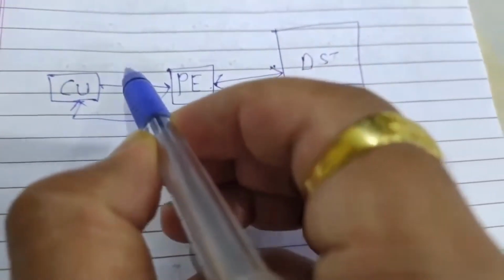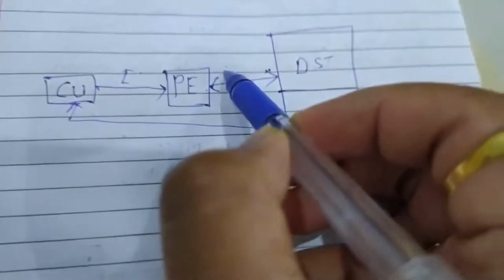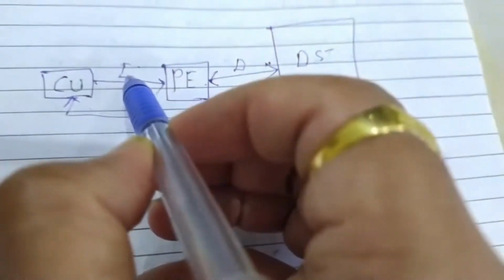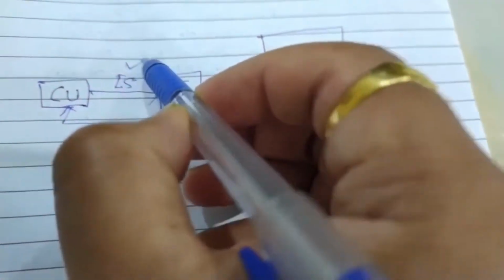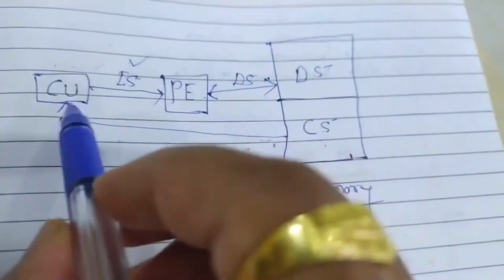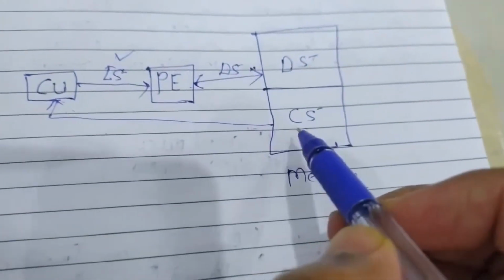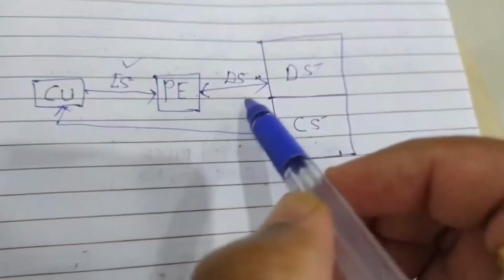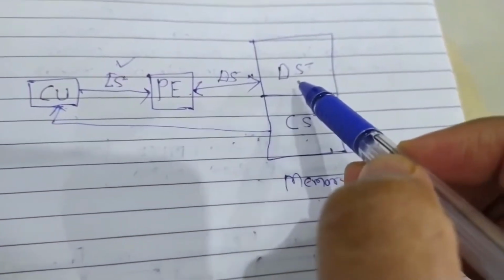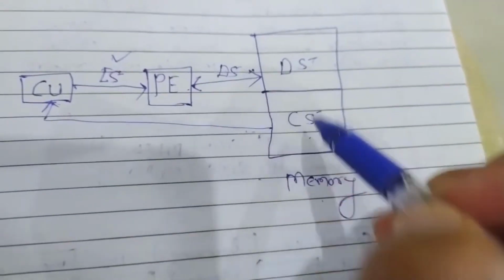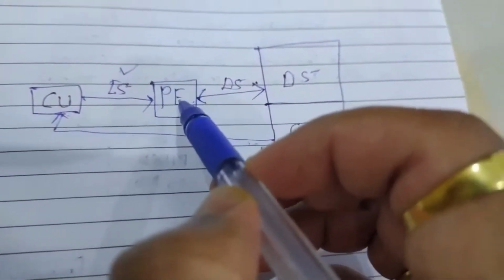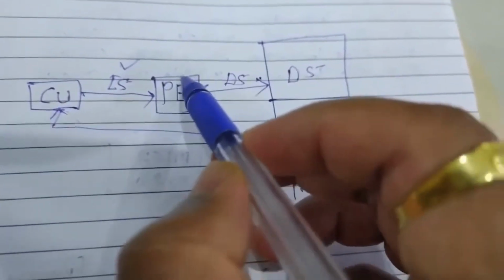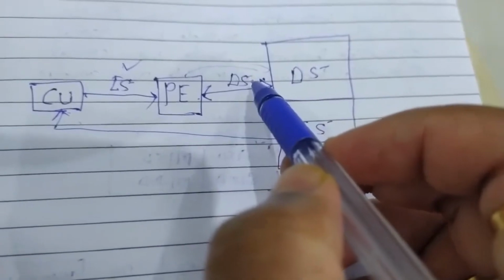So here we get the instruction and here we get the data. This we call the instruction stream, while this is the data stream. Stream means a collection of bytes. The instruction stream you get from the control unit, and the control unit gets it from the code section of memory, while data is given by the data section of memory, and the processing element does the operation, and whatever output you get is returned back to the memory.